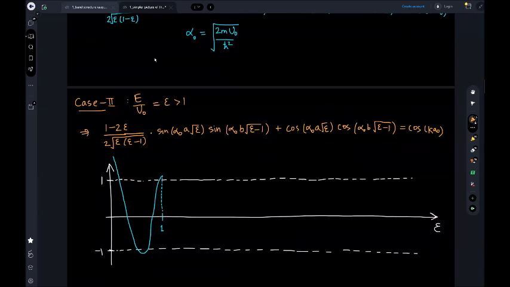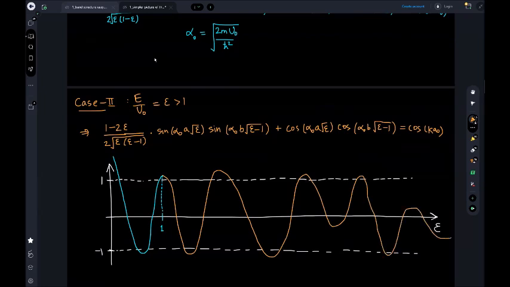It turns out to be not periodic, and it looks something like this. As epsilon increases, the separation between these waves keeps on increasing. I'm not able to depict that very clearly here, but if you do it on a plotter, I think it will be much clearer.